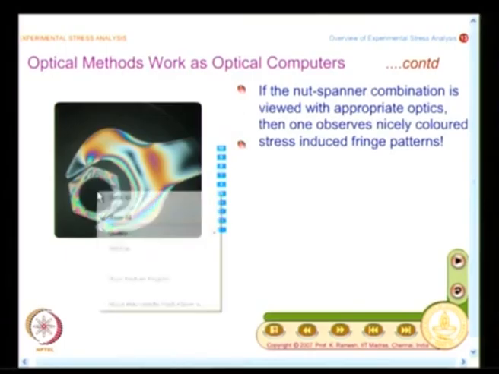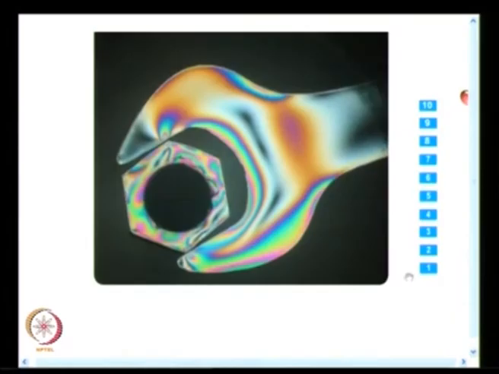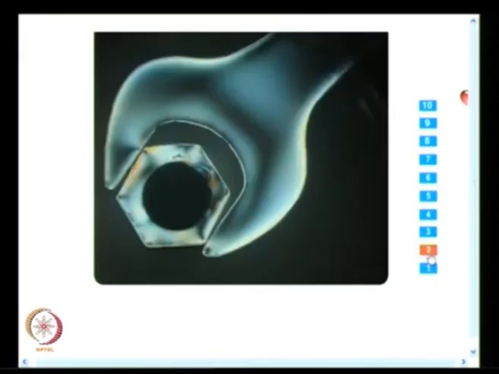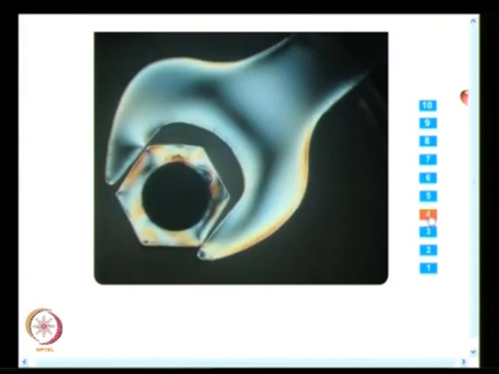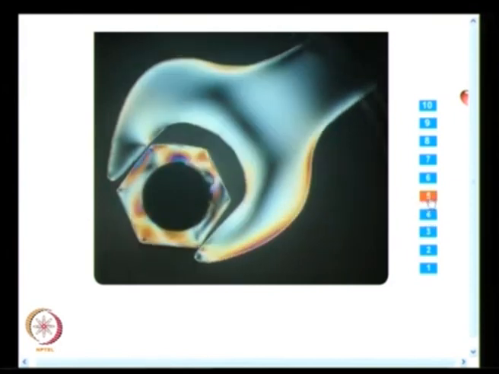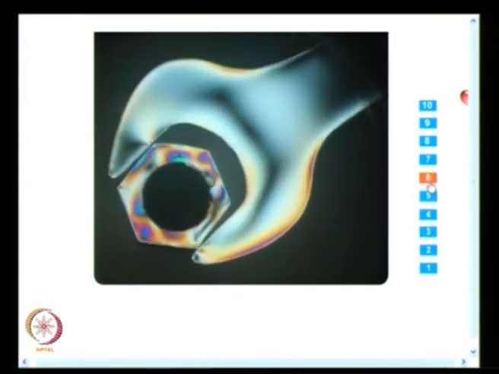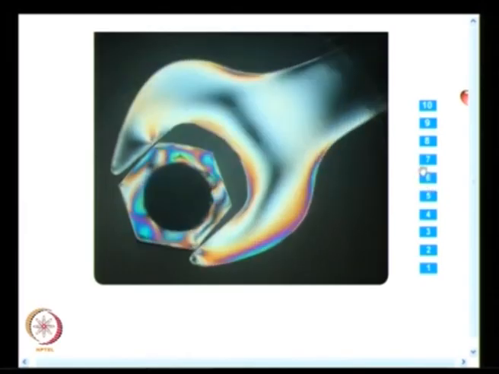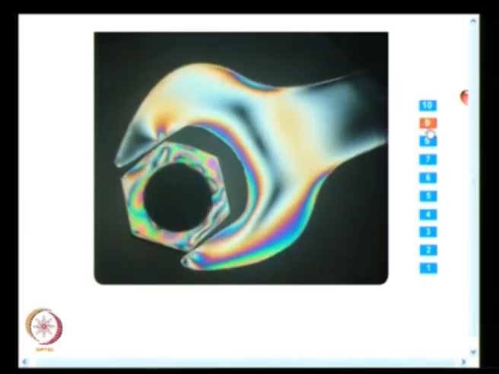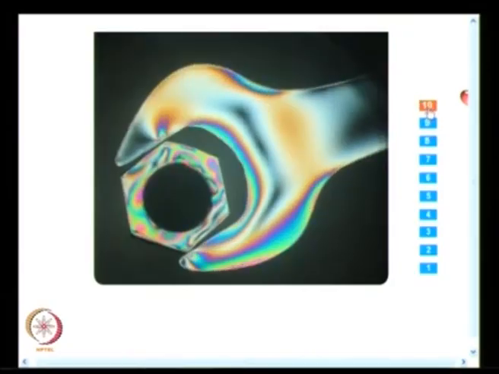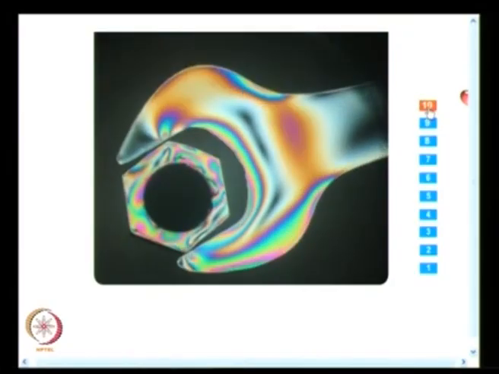And as I change the load, as I keep increasing it, you find that more and more colors are emerging. So, what it shows is, whatever colors you see are a function of the load applied.